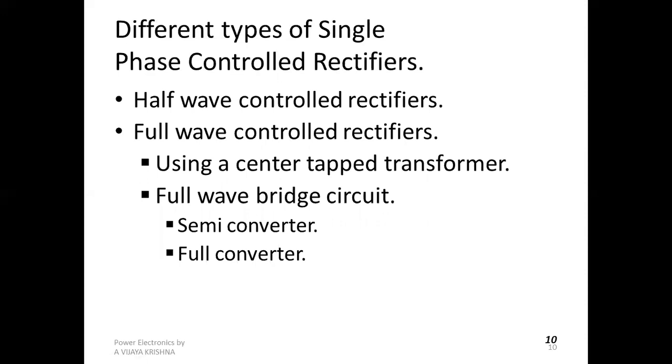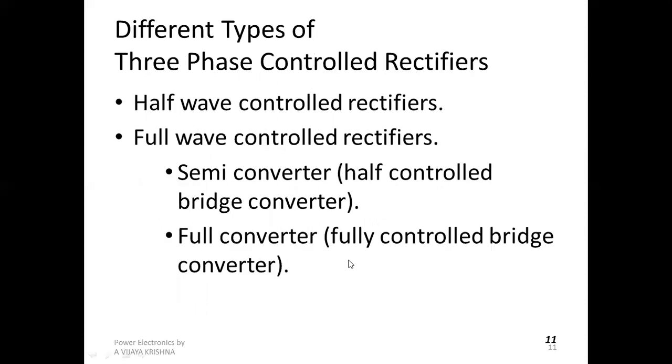Under single phase control rectifiers there are different types: half wave control rectifier, full wave control rectifier using a center tap transformer, full wave bridge circuit rectifier, semi converter and full converter. These are the different types of converters under the category of single phase supply.